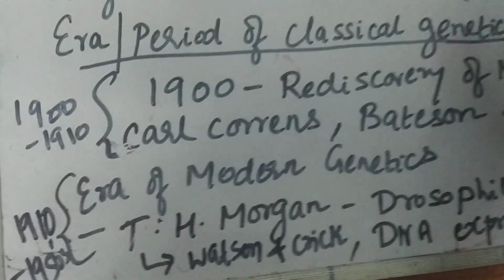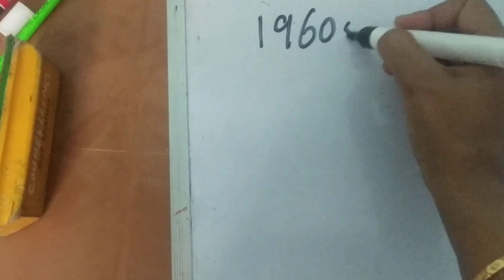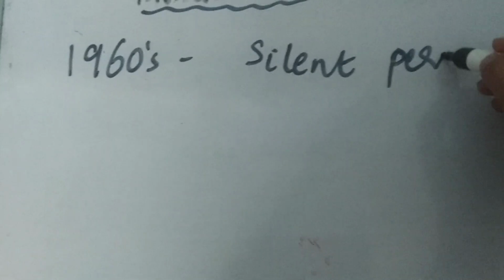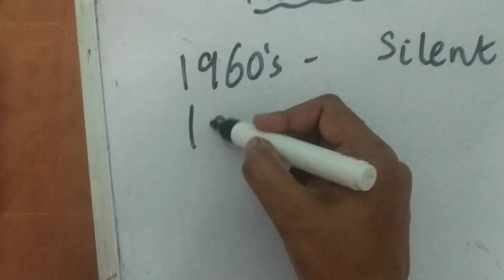We have understood everything that happens in biology, because we have understood all the molecular processes occurring inside the cell. So the 1960s especially was a silent period, not much happening in the field of biology.